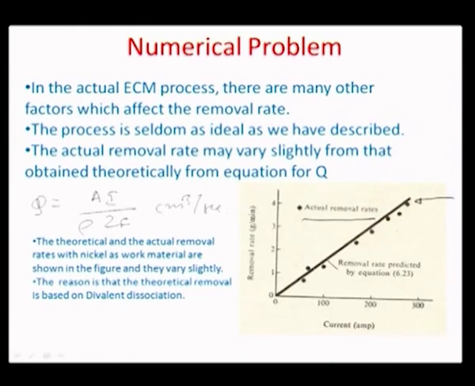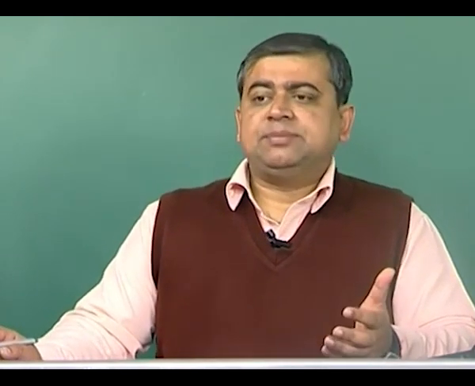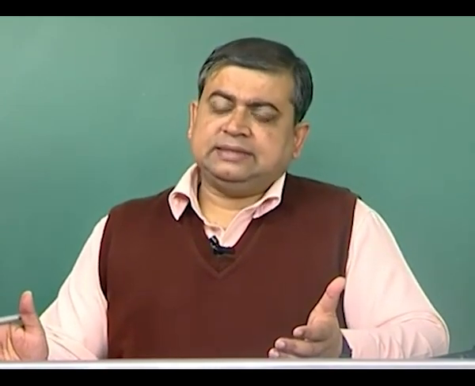sometimes the theoretical removal rates are based on only one prominently available valency state of the material, but actually it may happen that the material may come out in more than one valency state. For example, iron can exist as a ferric state +3 or ferrous +2, or copper may exist as a +2 cuprous or a +3 cupric state.